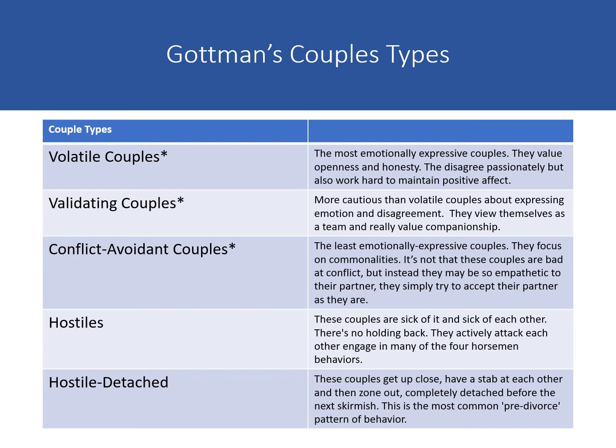Okay? So they can get into significant conflicts. They can argue passionately, but they also really try to maintain a lot of positive emotion and romance and goodwill towards each other.